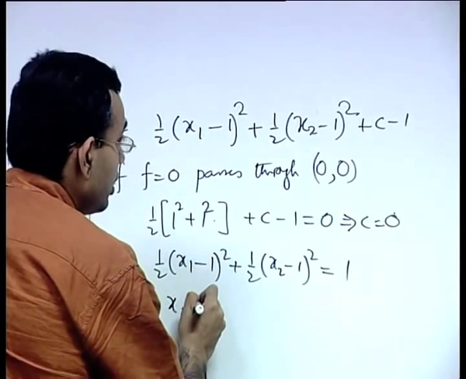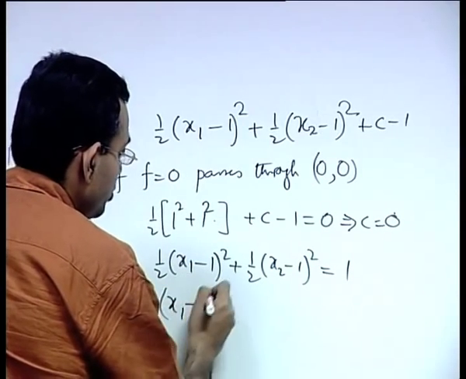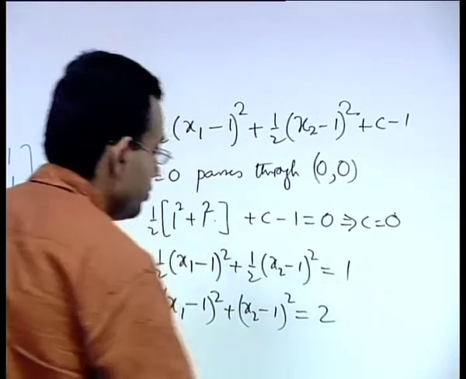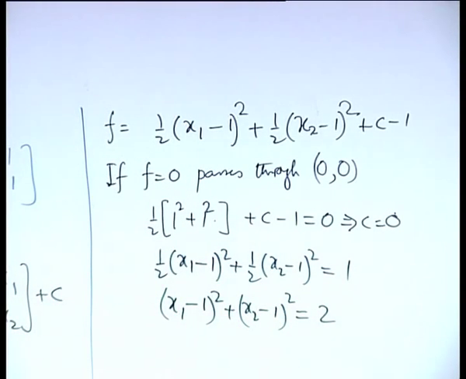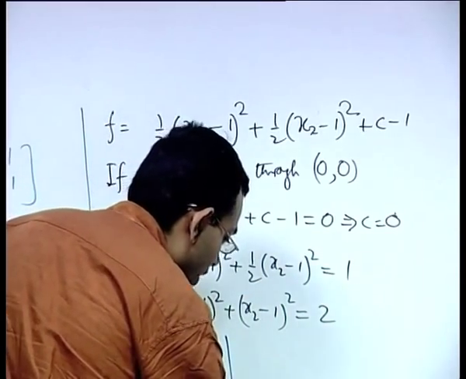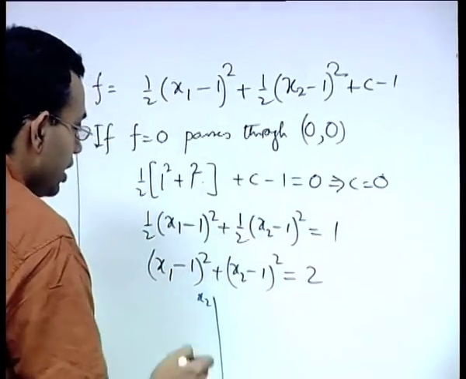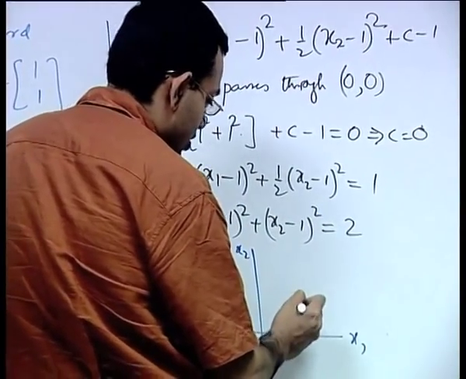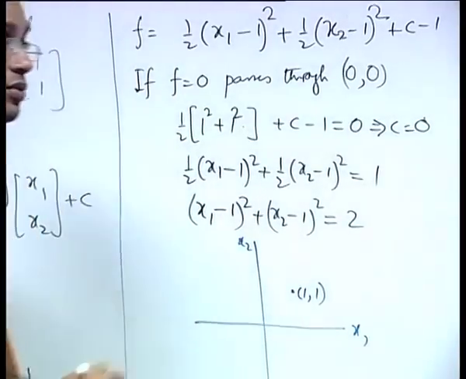So x1 minus 1 whole square plus x2 minus 1 whole square is equal to 2. Right? So it represents what? It represents a circle in the x1 x2 plane. Circle has center 1 comma 1 and radius root 2.